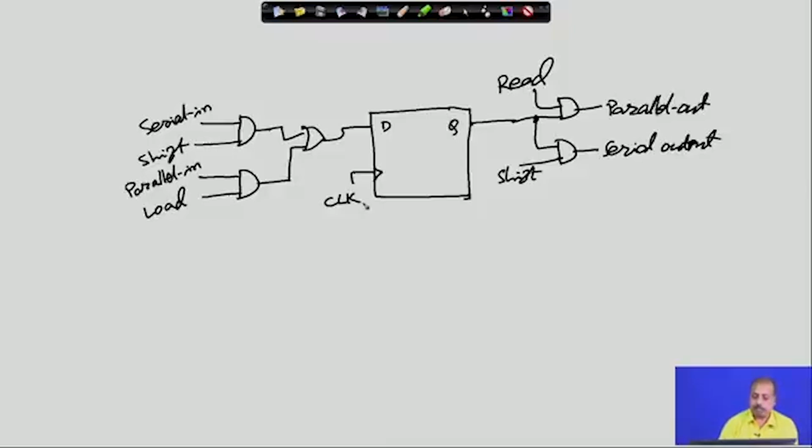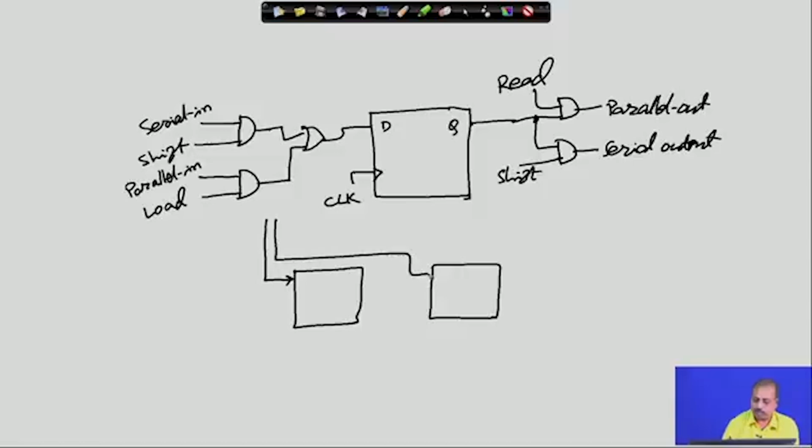Now, if you are connecting two stages, I am just showing two stages of that register, though there can be 4 such stages. Now, this parallel input has 4 lines. Out of that, the first 2 lines I am showing, there are 2 more lines which will be connected to the next stages that are not shown here. So, this is the 4-bit parallel input.